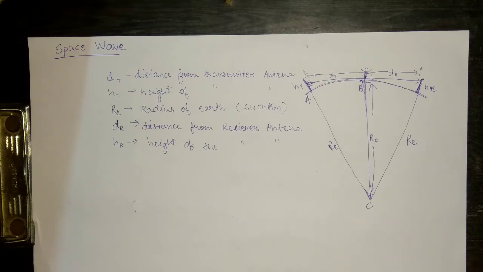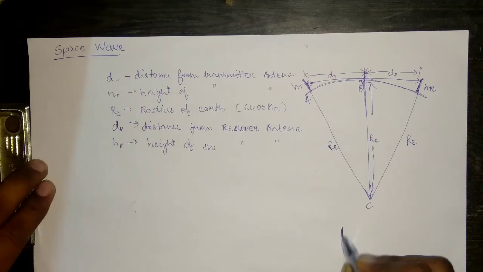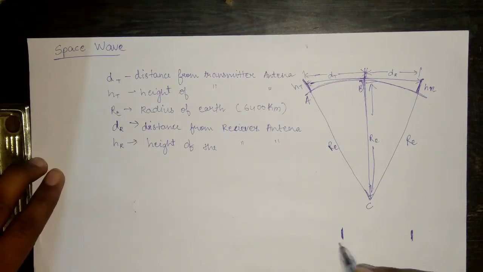Line of sight is the distance between the two antennas by which they can see each other. That means if this is the transmitter antenna and this is the receiver antenna, this distance in which both can see each other is known as LOS, that is line of sight.